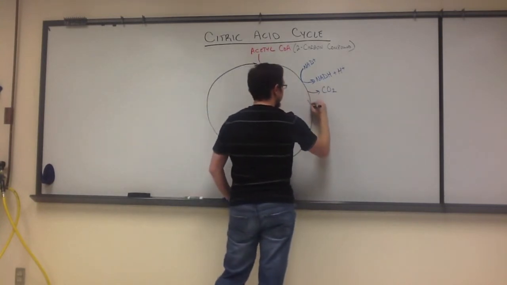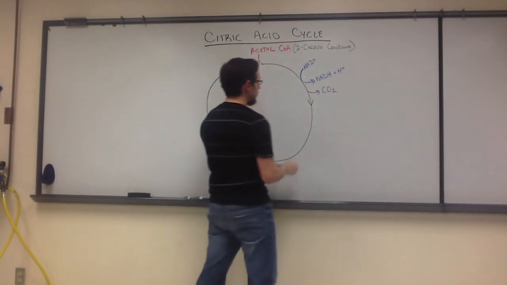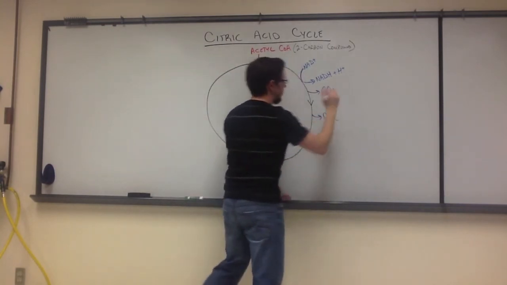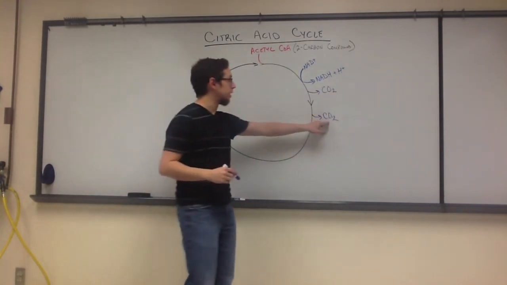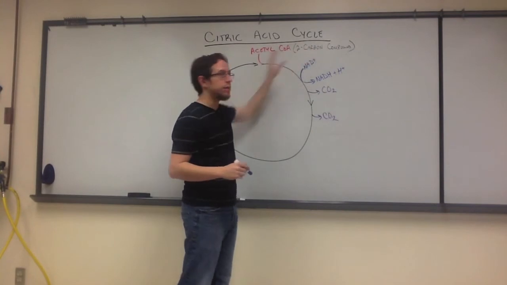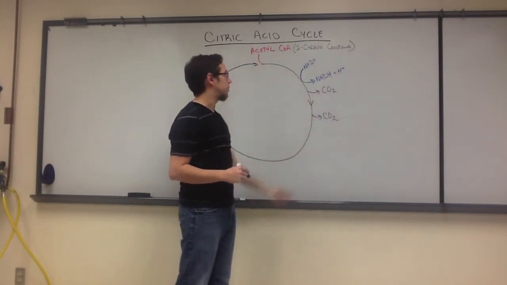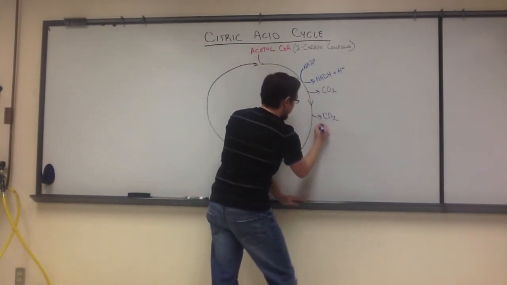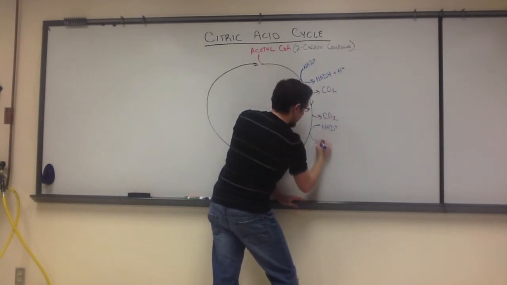Then, as the cycle proceeds, we're going to again lose another carboxyl group and another carbon from the compound in the form of carbon dioxide. So here we see we have put 2 carbons into the 4-carbon compound. Now we have lost those 2 carbons in the form of carbon dioxide. The resulting intermediate, again, is going to reduce NAD plus to NADH.